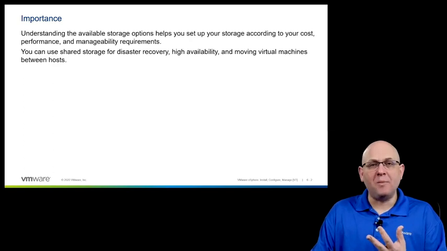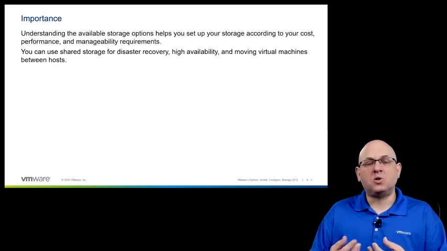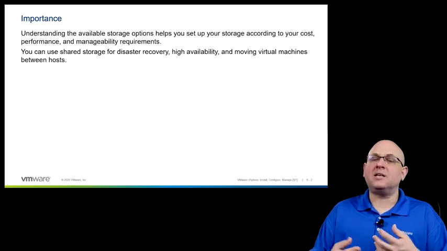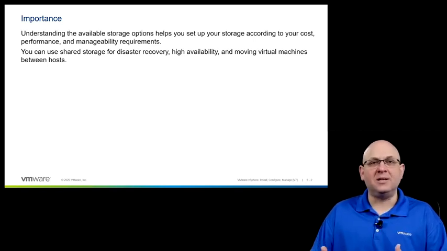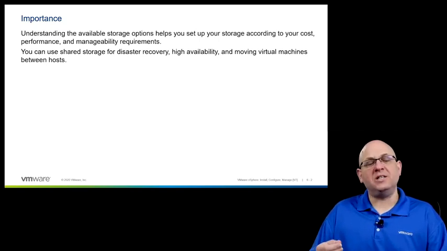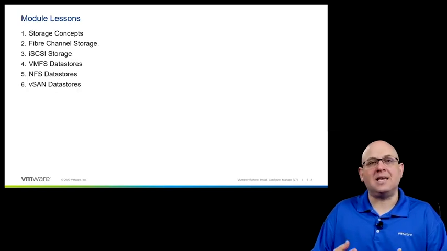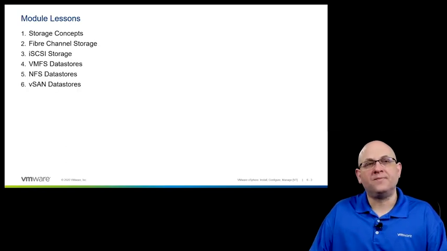Do we have the performance in our storage systems to allow the virtual machines to execute whatever operations they need to do in order to support those applications? It's also about allowing for things like disaster recovery, high availability, and migrating virtual machines with vMotion from host to host, once again, as long as they can see the same storage.